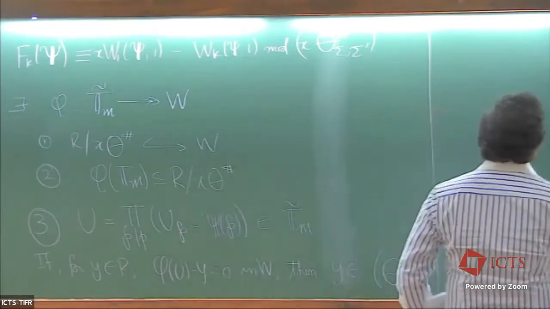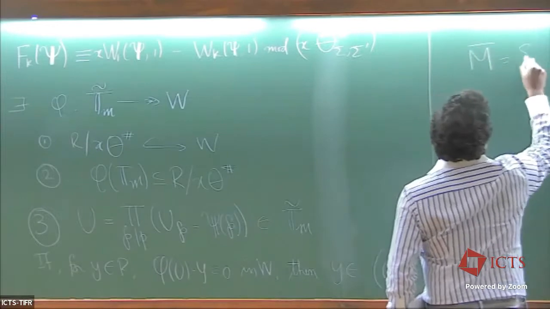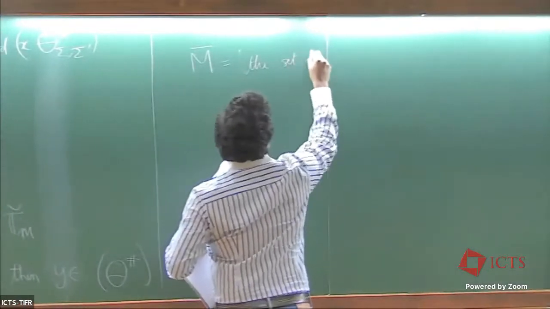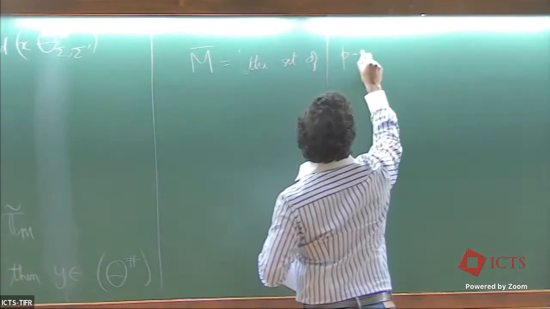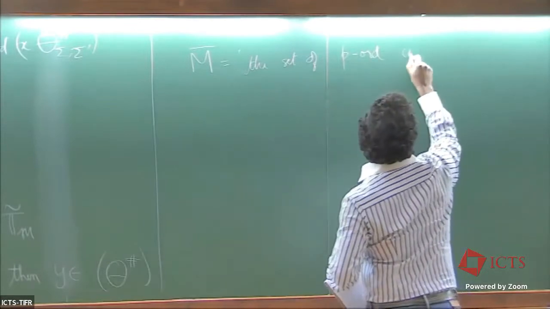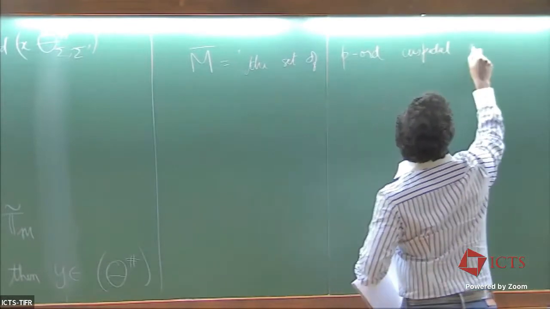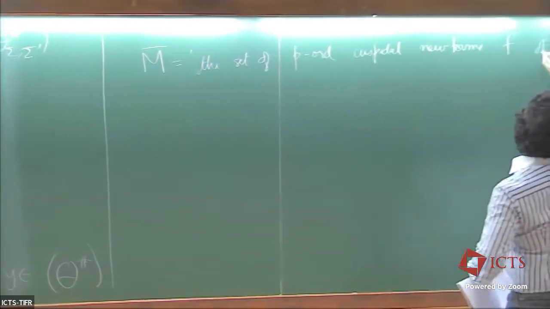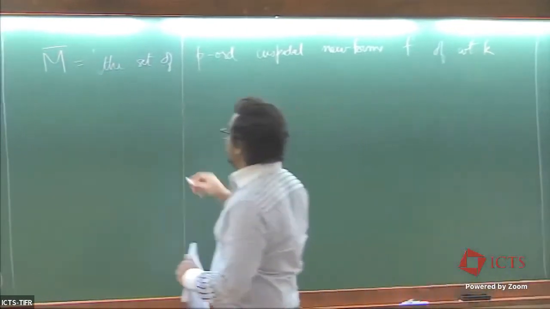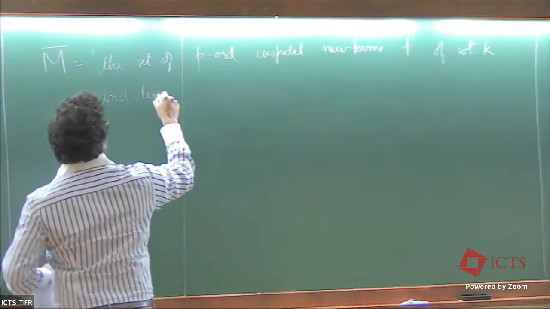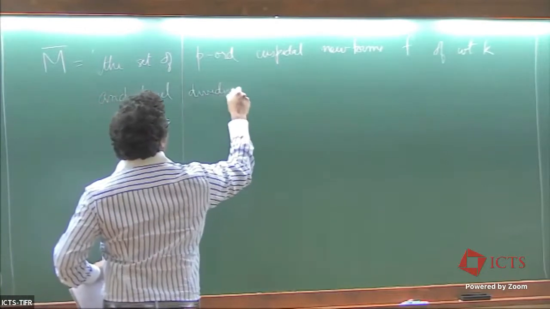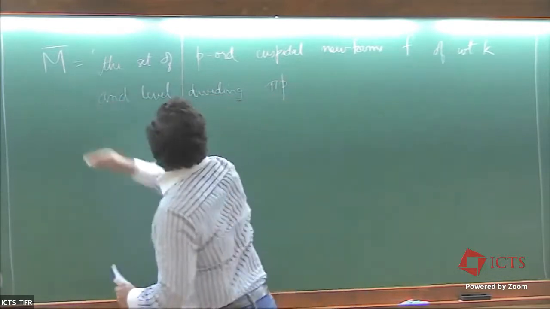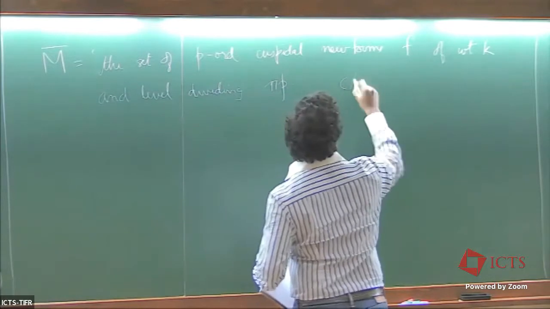Now recall that M bar was the set of all p-ordinary cuspidal newforms F of weight k and level dividing N times P plus, with an extra condition, which was C1.